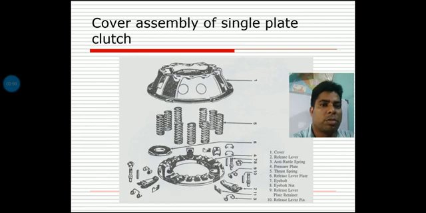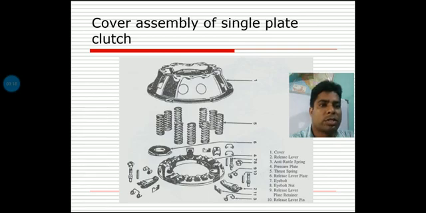Here we can use two types of spring in the clutch attachment: number one is the helical compression spring, and number two is the anti-rattle spring.